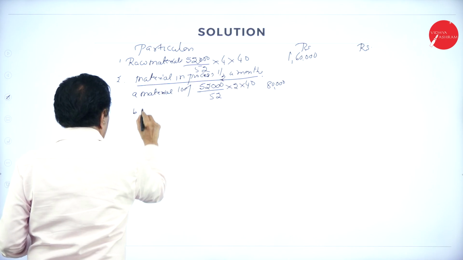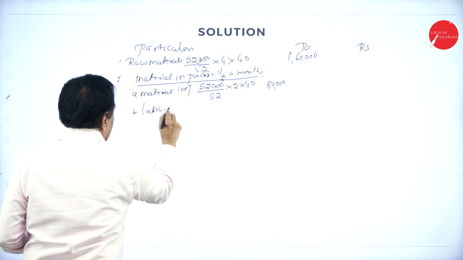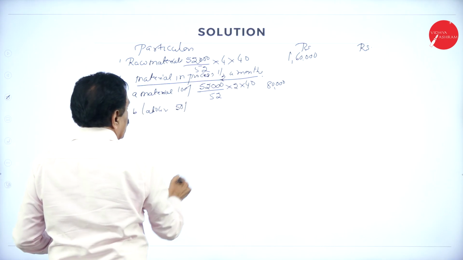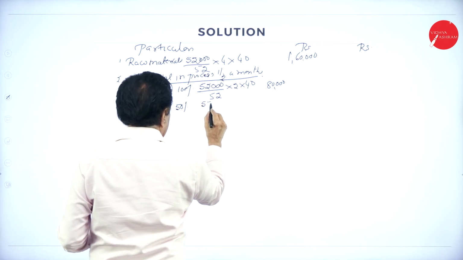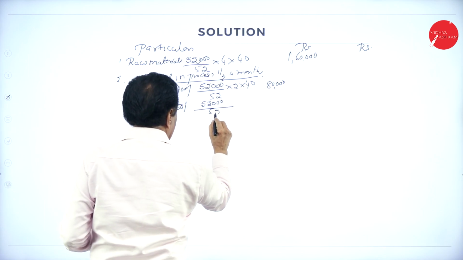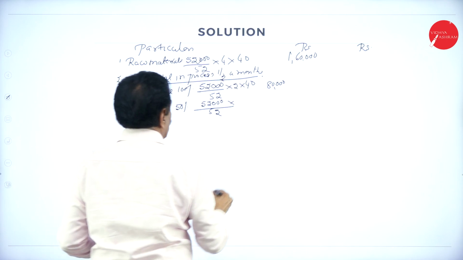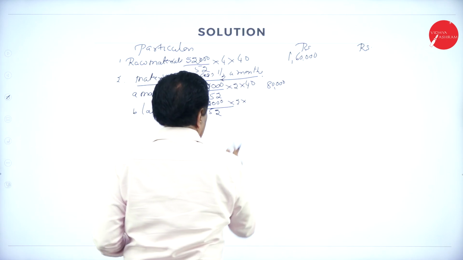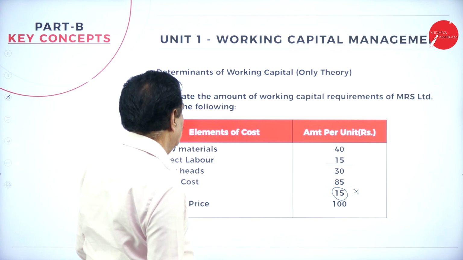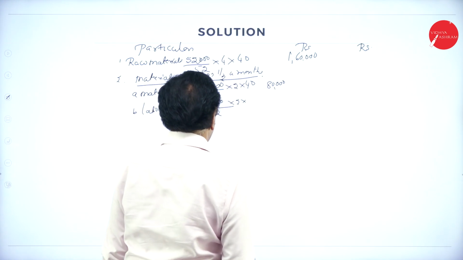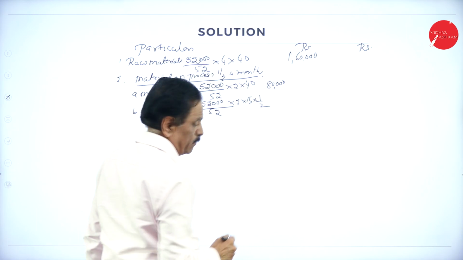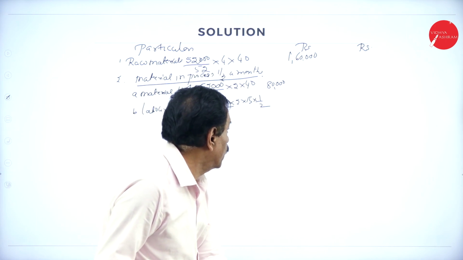B, labor 50%: 52,000 divided by 52. How many weeks? 2 weeks. What's the labor cost? Labor cost is 15, into half, 50% of that.